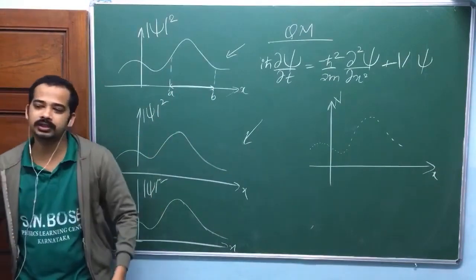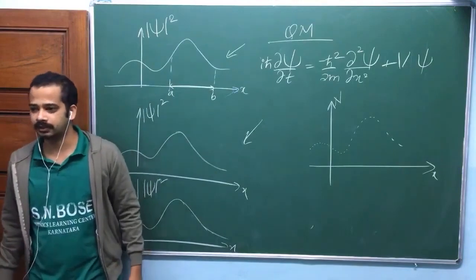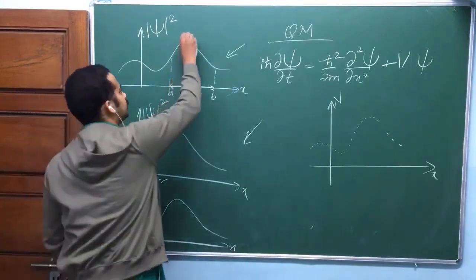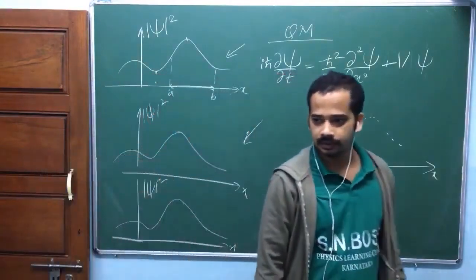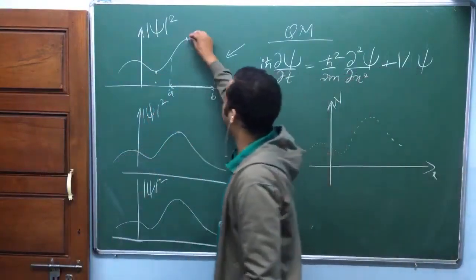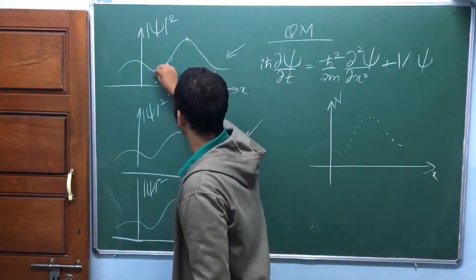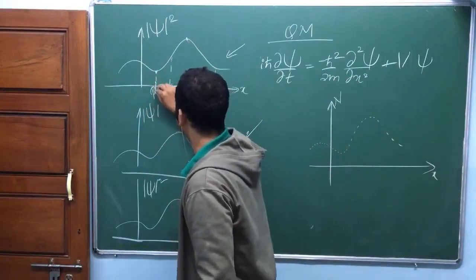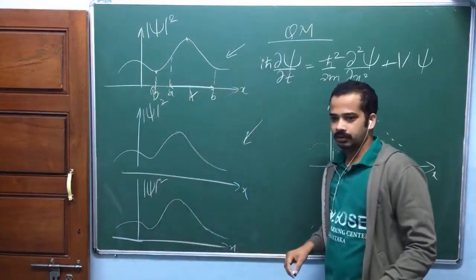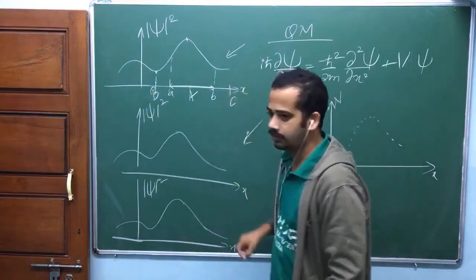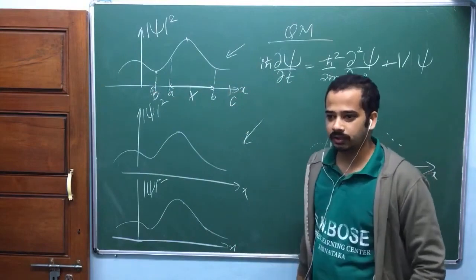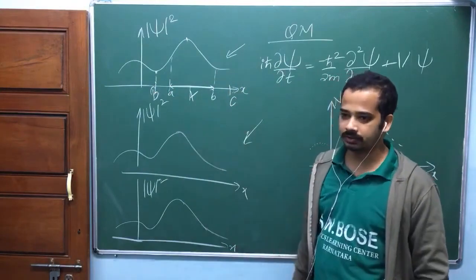Now I am saying mod psi square is a probability density, meaning more probability density here, less here. Suppose I call the high density point capital A and the low density point capital B. But if the next measurement finds the particle somewhere at C, then what do you say? You can't say you are saying nonsense.